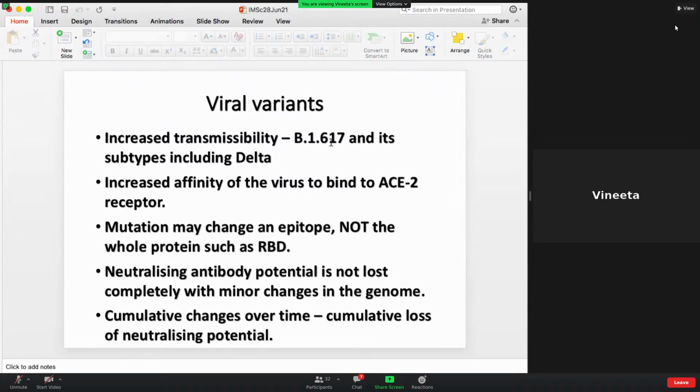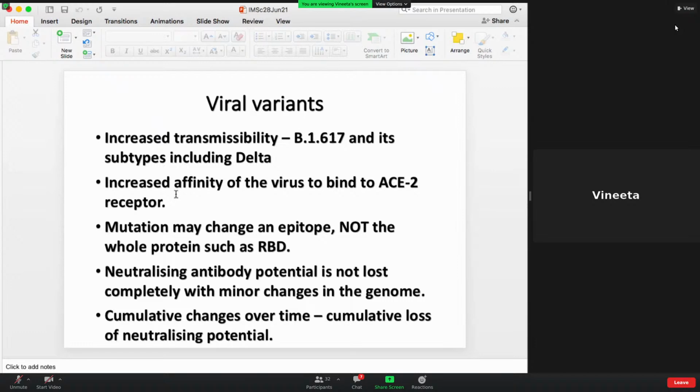So obviously, the receptor binding domain of Delta is somewhat different from that of the original Wuhan virus. Many of you, I'm sure, are aware of this. I simply wanted to state it as a point.